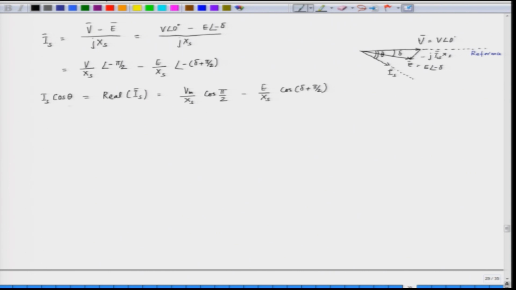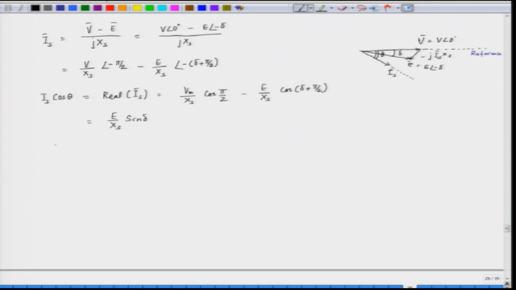So, we can simplify this. Cos pi by 2, or cos 90, is 0. So, the first term vanishes, and the second term, cos delta plus 90, is minus sin delta. So, this is E by x s into sin delta.